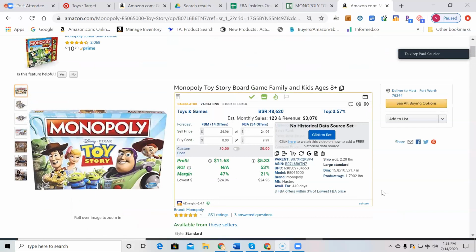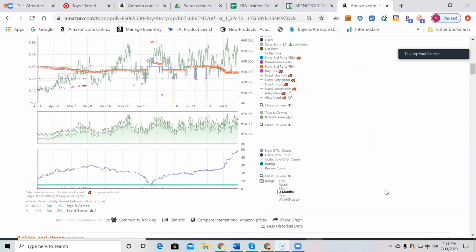So looking at this, scroll down to that Keepa chart. Mm-hmm. If I didn't know anything really about toys, right, or Monopoly, or like that insider information that you have, right, that many people more than likely may not have, what I pay attention to is that.